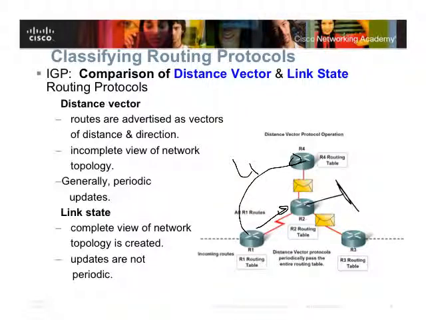That's it. That's all it knows. It doesn't know the whole path between R1 and R4. And this is one distinguishing factor between distance vector routing protocols and link state.